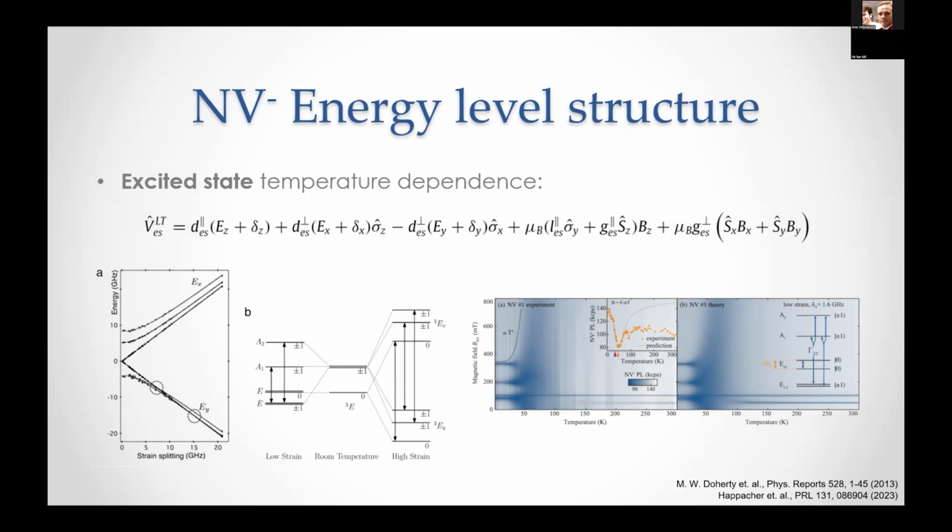At high temperature, phonons that are extremely fast and efficient in mixing these orbital degrees of freedom essentially get rid of all of these dynamics for us in a nice way that retains the spin degree of freedom that we can use. So people working at room temperature with NVs tend to think about this nice excited state structure, but sometimes if you're going to a lower temperature or experience very large strain, you have to keep that in mind.